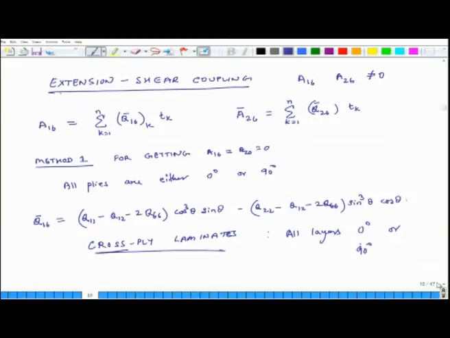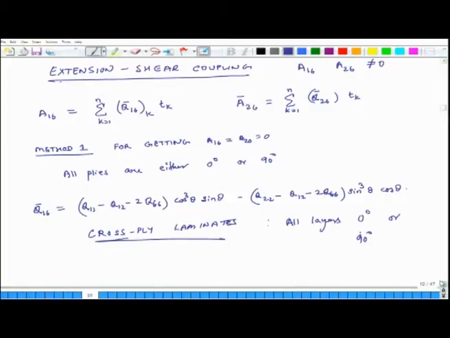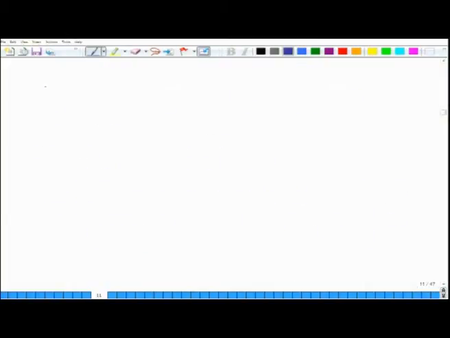You can also have a unidirectional system where all layers are 0 degrees. Okay. That is also there. So, this is the first method. The second method, method 2: for each ply with positive theta orientation, we also have another ply with minus theta orientation.